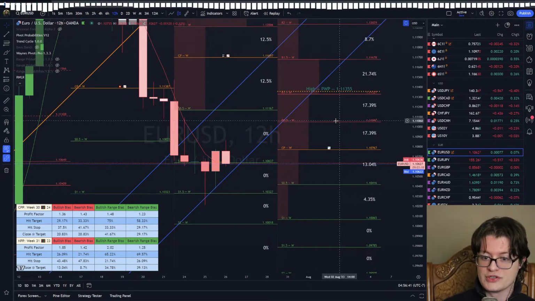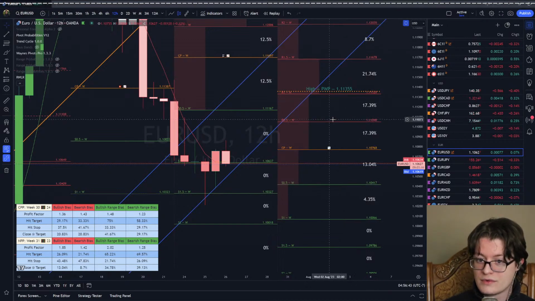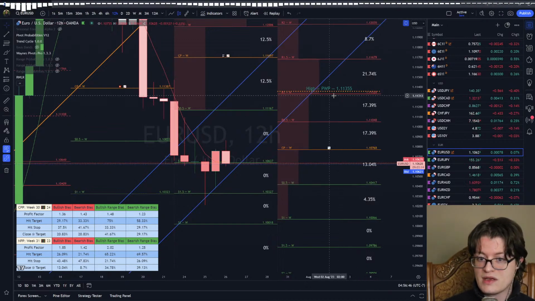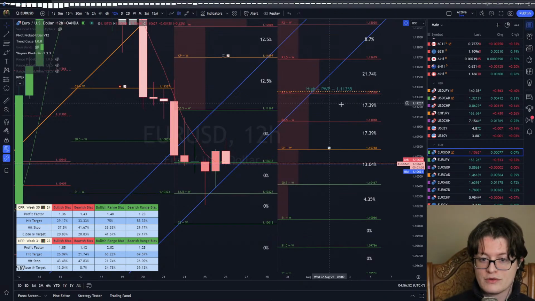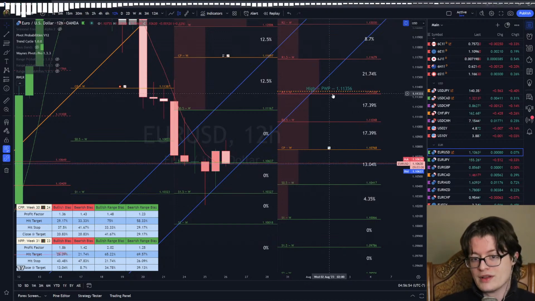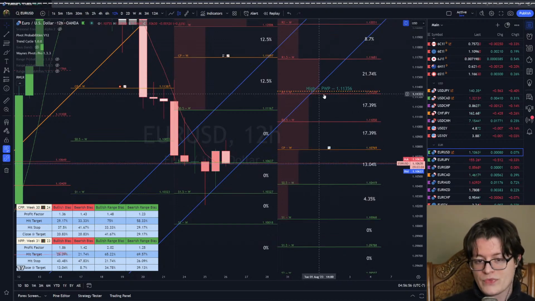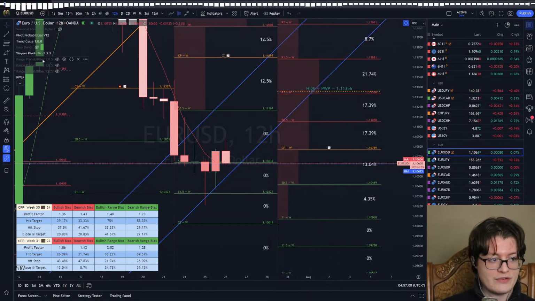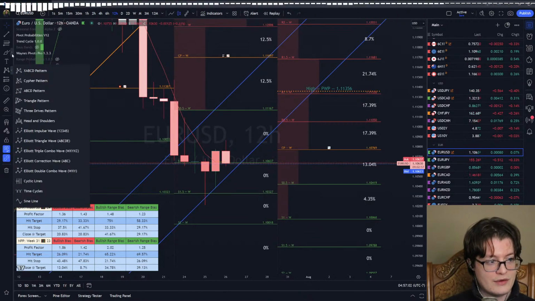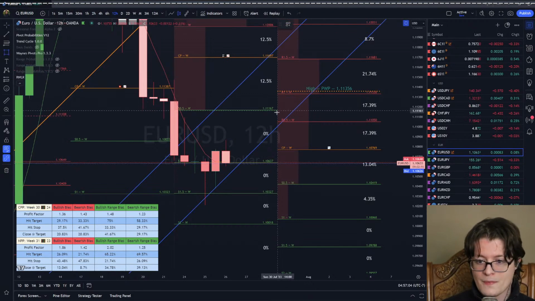So maybe just above 111. Or maybe at this R1 pivot where the probability weighted high for next week occurs. Roughly around here, again, just above 111. That's 111.35. So roughly around here in this 111, 111.50 area, I'll even draw a little box around it. I'd like to get short.